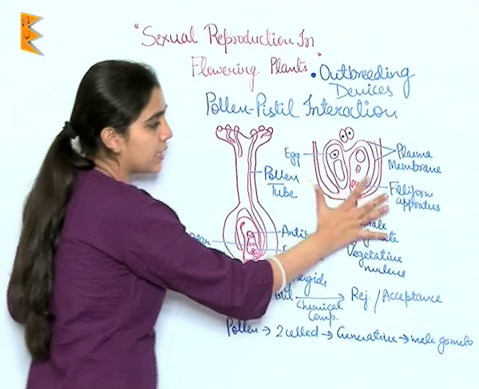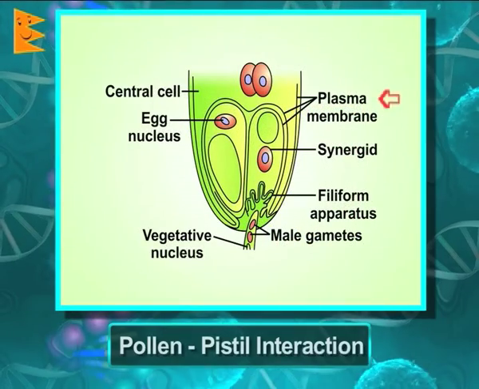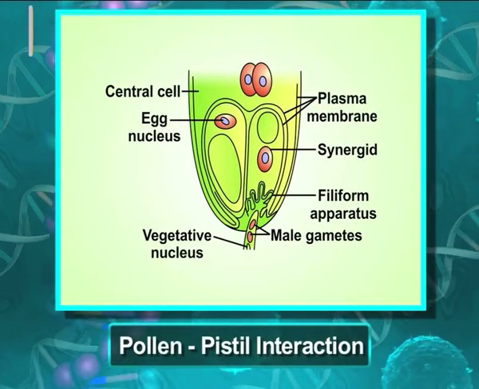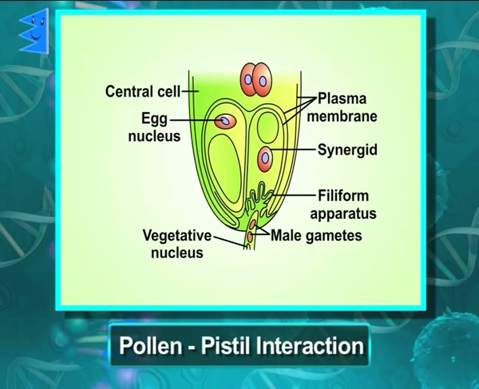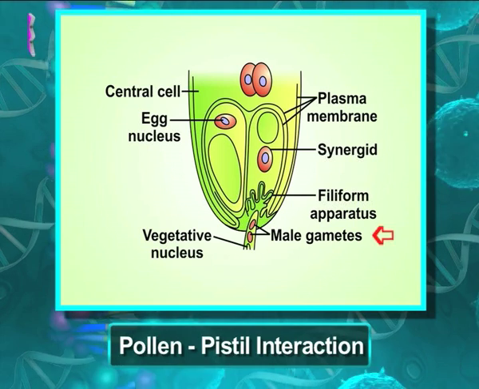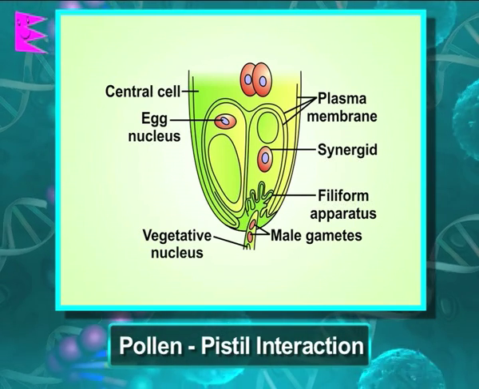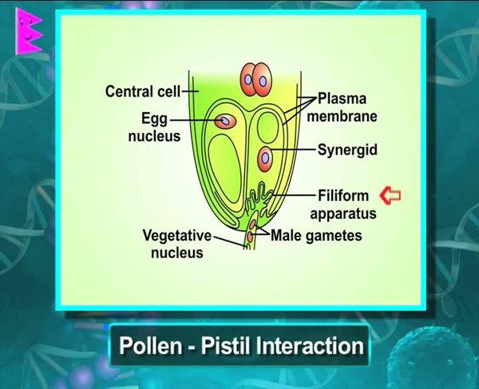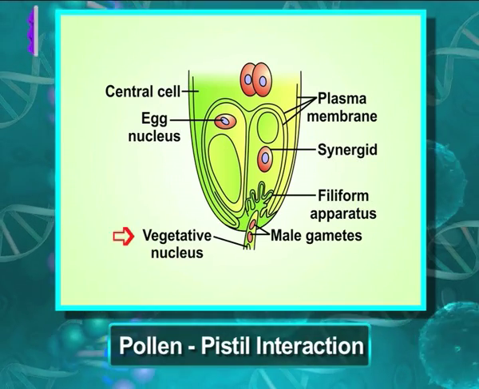If we enlarge this diagram here, this is the plasma membrane, this is the filiform apparatus, this is the egg. Now you can see these are male gametes which are helped through the filiform apparatus to the egg, and this is the vegetative nucleus.